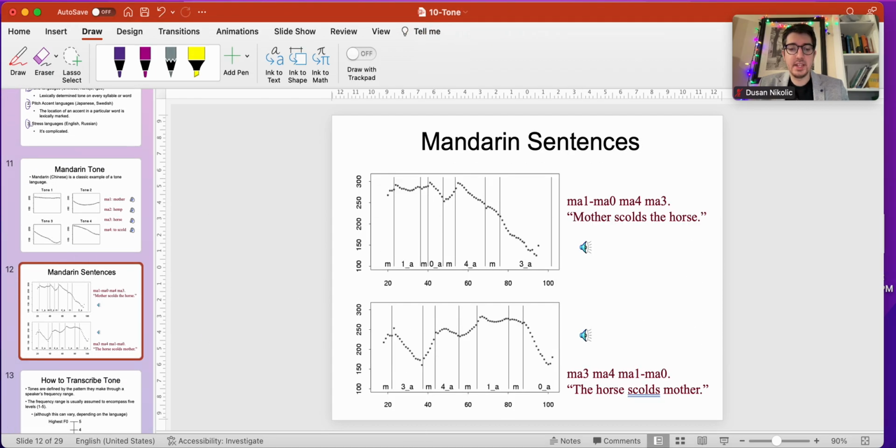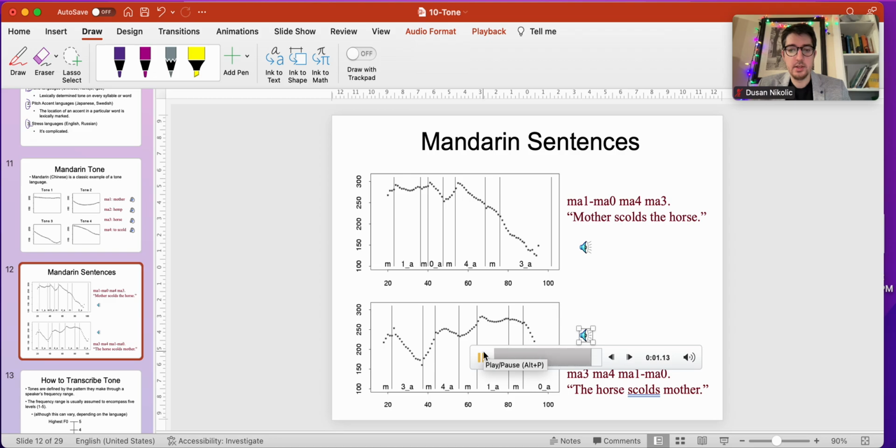This is a Mandarin sentence. You have to pay attention to how you would say it within a sentence. For example, mother scolds a horse would sound like this. Something like that. Maybe I'm good, maybe I'm ridiculous. Mandarin speakers will tell me that.